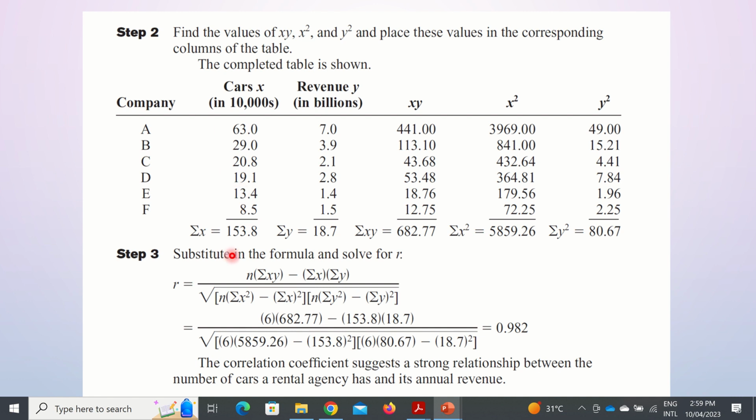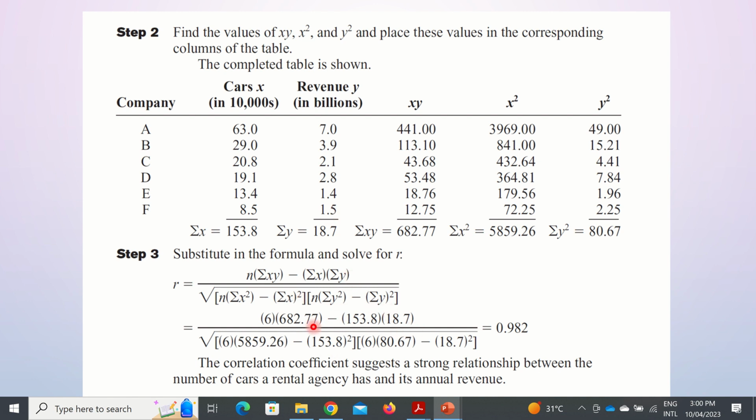That is 6. So putting these values in this one, you see n times, that is 6 times 682.77, minus summation x, summation y, that is 153.8 and 18.7. Multiply them together, divided by the square root of 6 times summation x square minus summation x whole square, multiplied by summation y square minus summation y whole square.